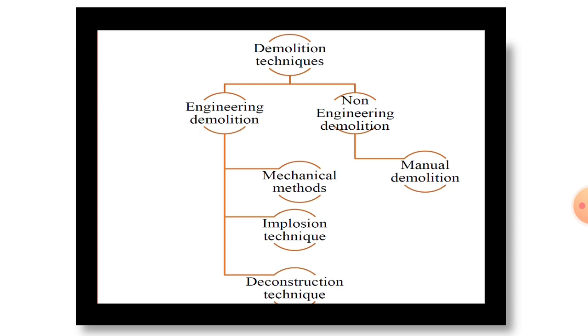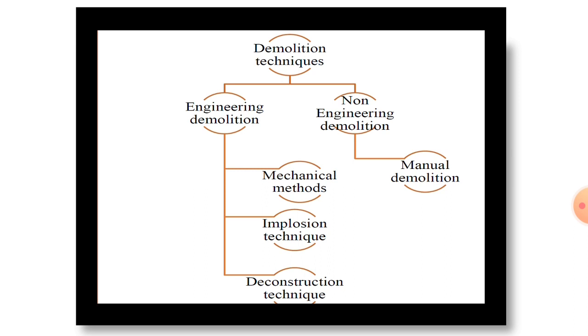Now in this picture you can see there are two types of demolition techniques, that is engineering demolition technique and non-engineering demolition technique. The non-engineering demolition technique deals with manual demolition, meaning it deals with small structures.